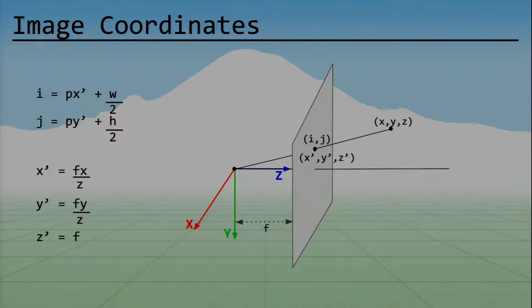So if we want our image coordinates, you can think about this as an intermediate between the full 3D coordinates and the pixel coordinates. They're sort of halfway between. If we describe them like this, here I'm using an apostrophe to denote the image coordinates. Then we can go between our pixel coordinates and our image coordinates just like this.